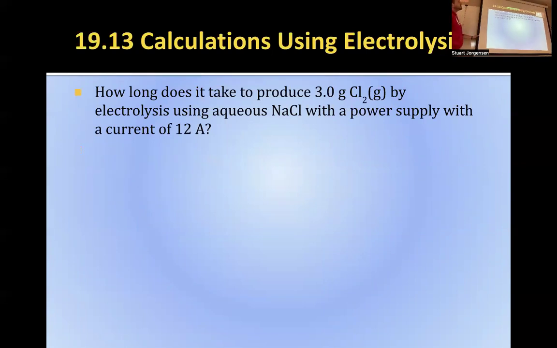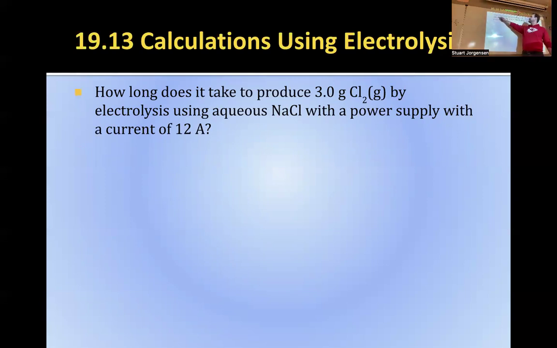How long does it take to produce 3.0 grams of chlorine by electrolysis using aqueous sodium chloride with a power supply with a current of 12 amps? Think of it like two problems. Which formula has time in it?